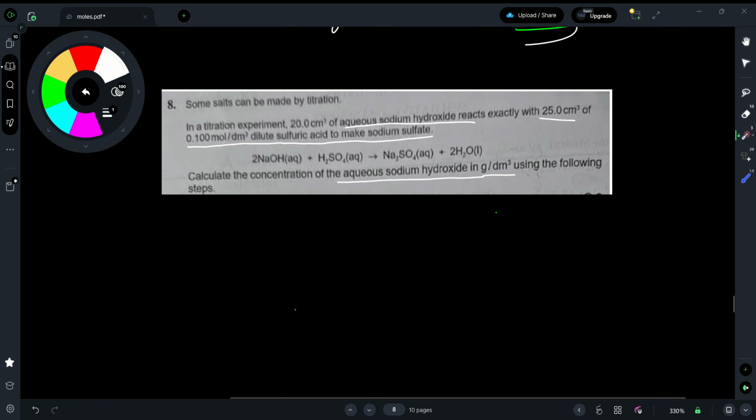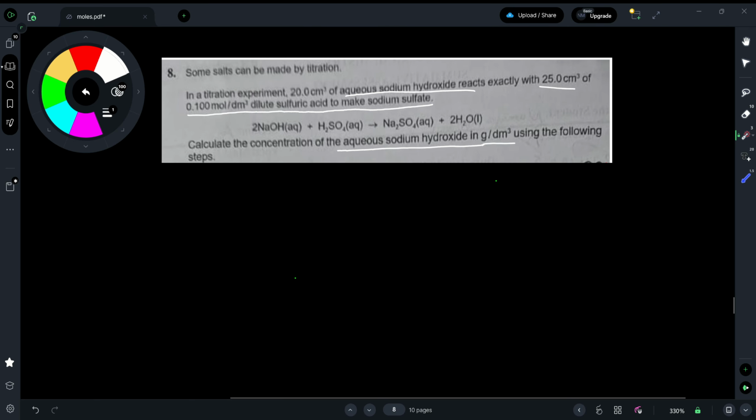Then, using stoichiometry from the ratio, you can find the moles of sodium hydroxide, and convert that to grams of sodium hydroxide. Since you know the given volume of sodium hydroxide was 20 cm³, you convert this. We have to convert cm³, but okay. Enough talking. Let's start doing this.